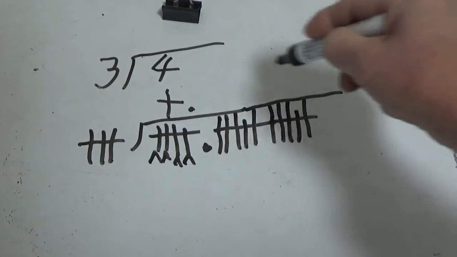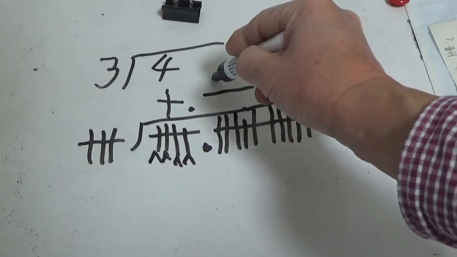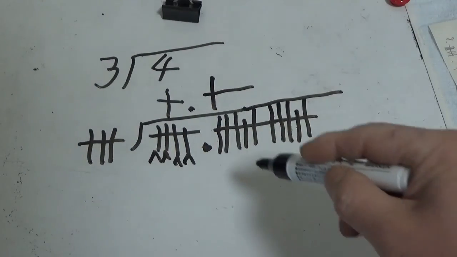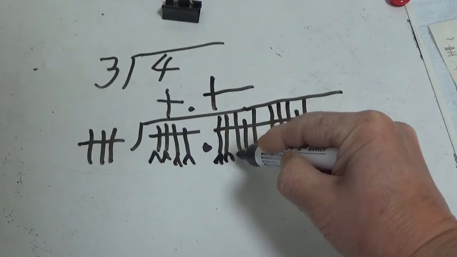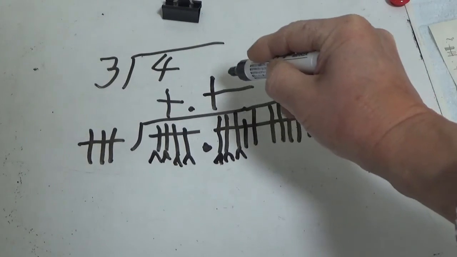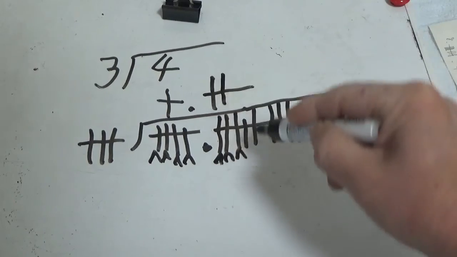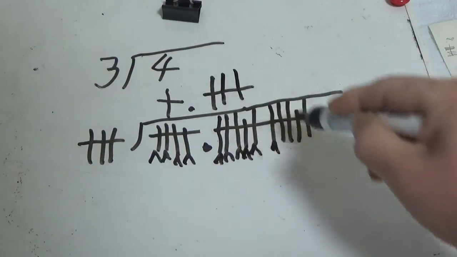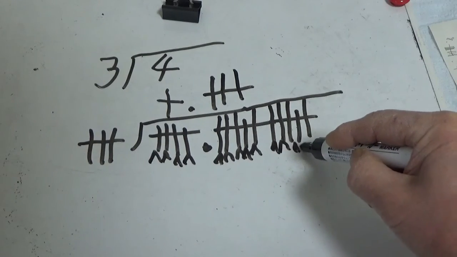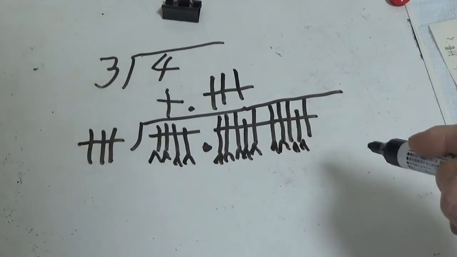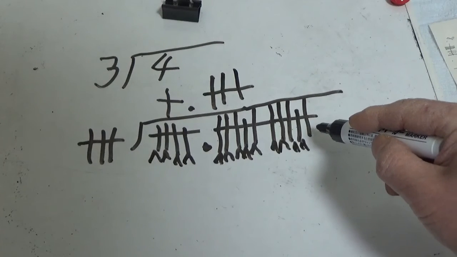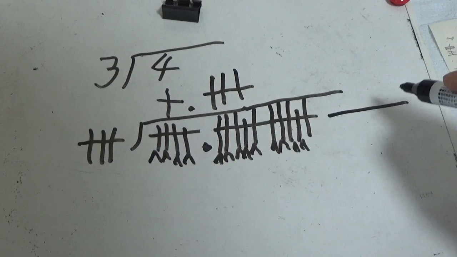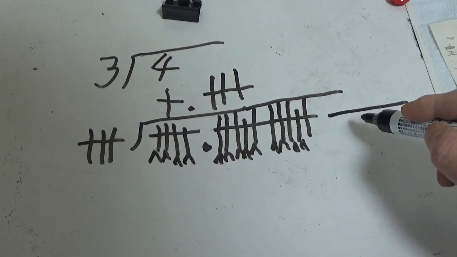Okay, and we are going to subtract 3 tenths: 1/10, 2/10, 3/10, 1, 2, 3. So 1/10 is left.